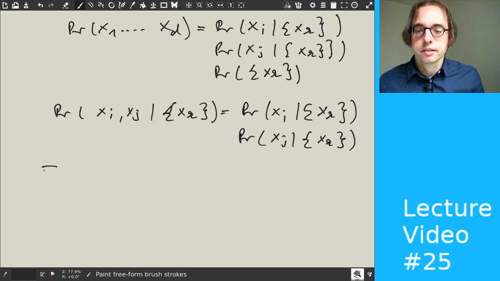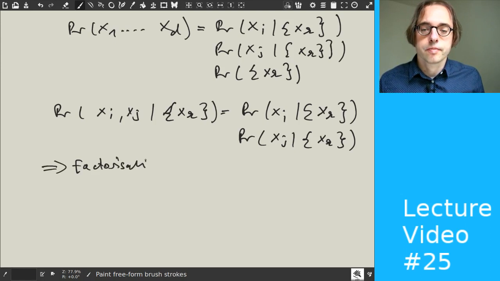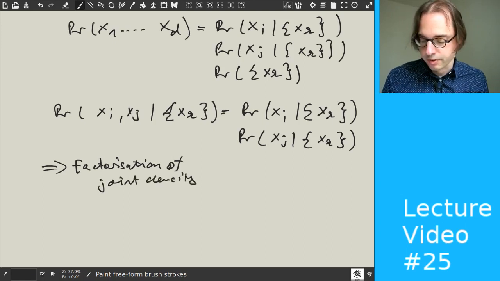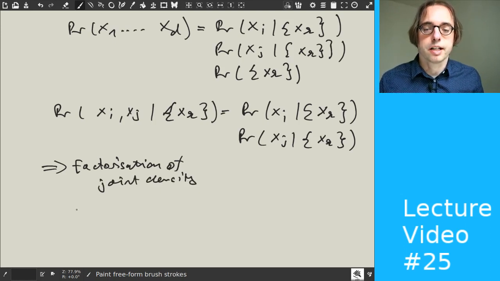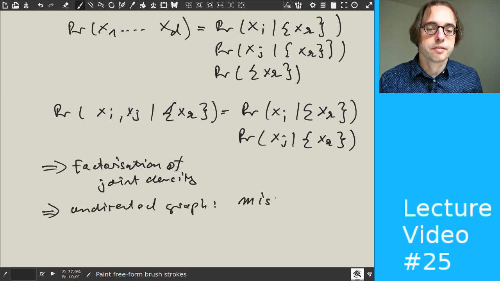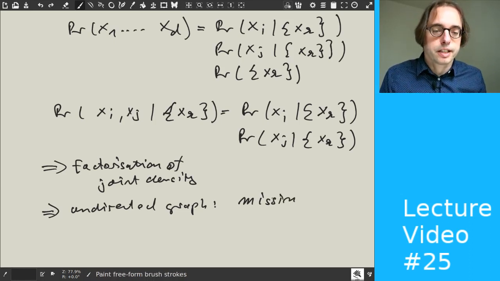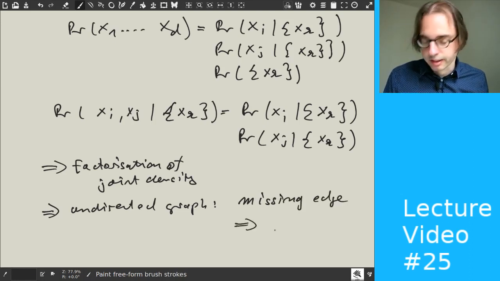This is the factorization of the joint density, and for an undirected graph, a missing edge corresponds to conditional independence.